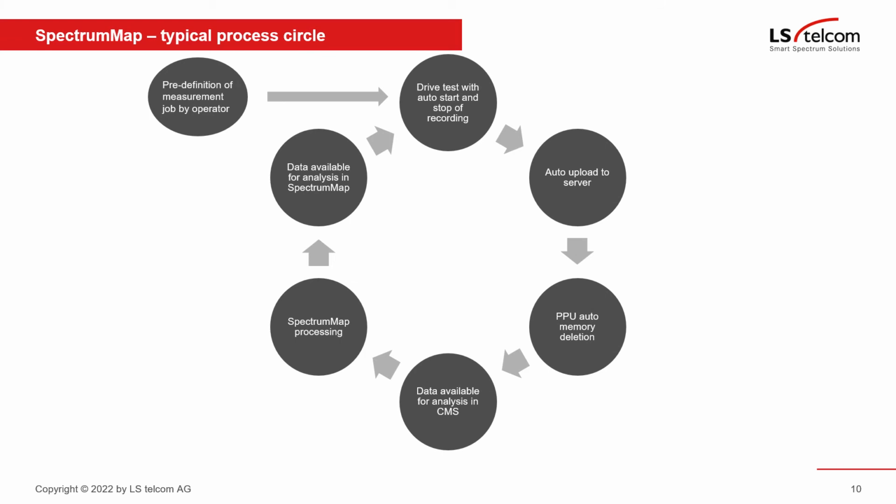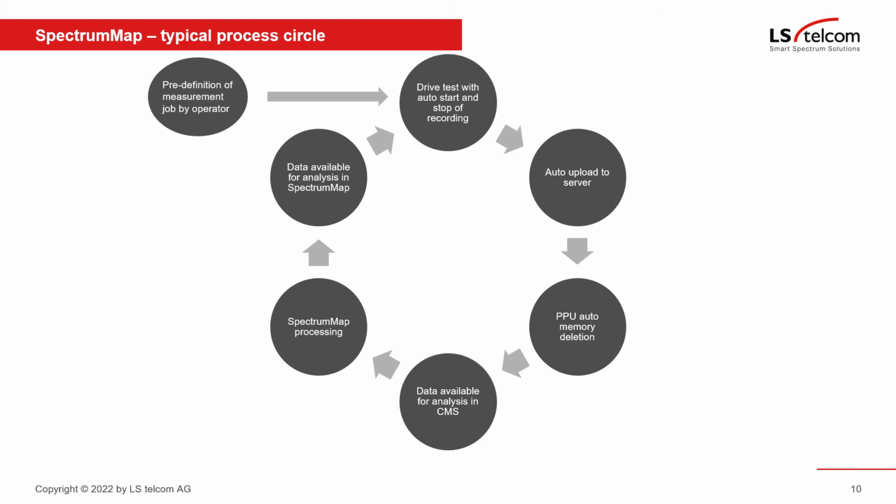And then the data can also be analyzed by our CMS, our central monitoring software, if you want to look at it in detail in the spectrum versus frequency versus time view. If you want to analyze not only maps, but see in detail, for example, the signal characteristic of interference.